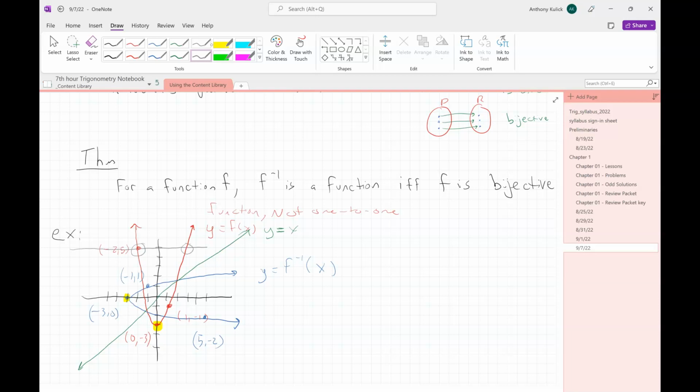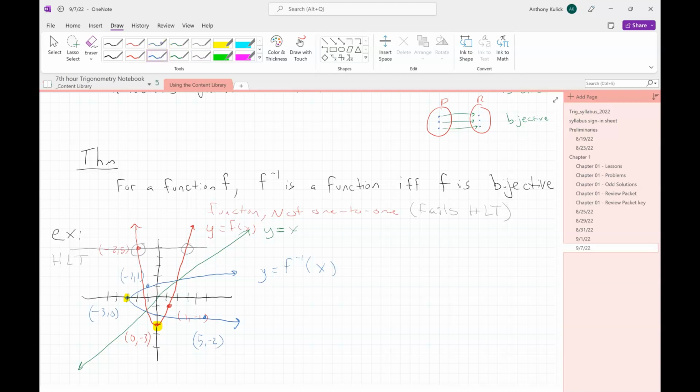Well, it's easy to see that the same y coordinate gets used more than once, right? By the graph. What would we call this thing that we just did? It's like a horizontal line test. So I know that f of x is not one-to-one because it fails a horizontal line test.